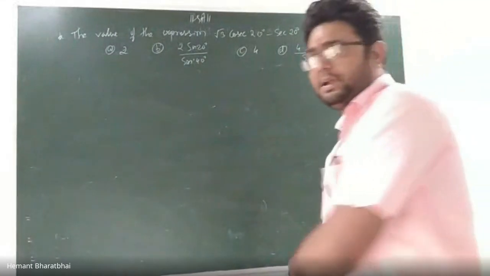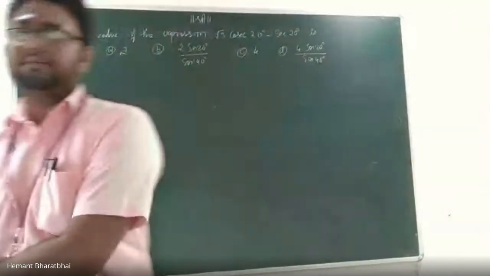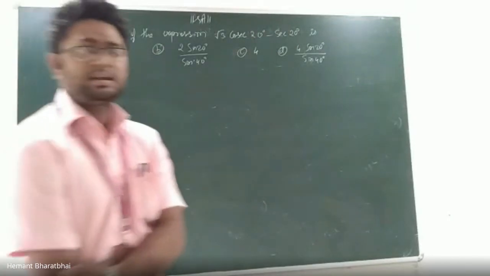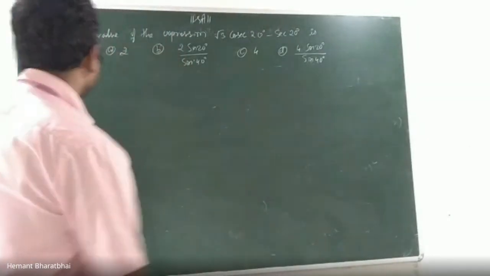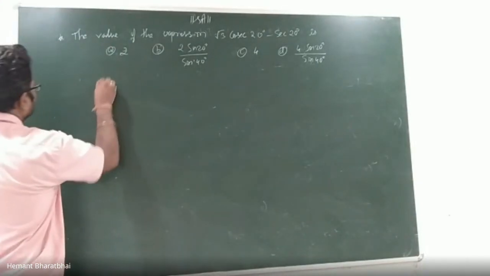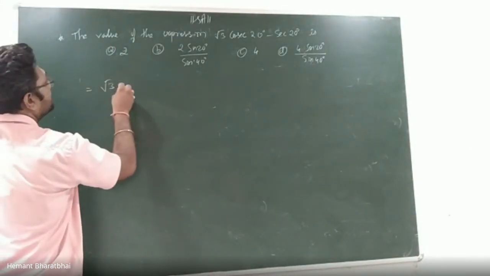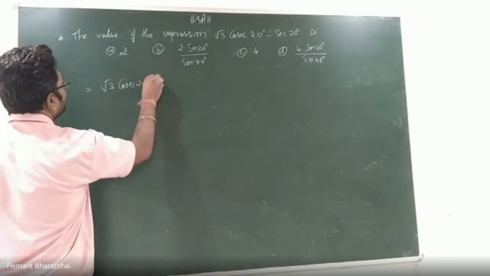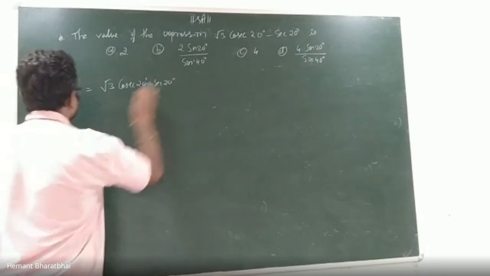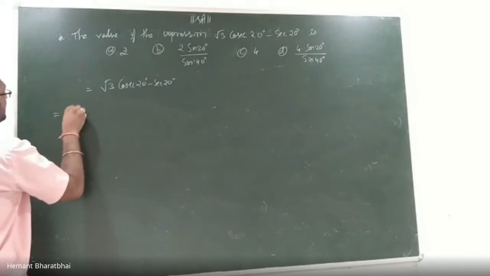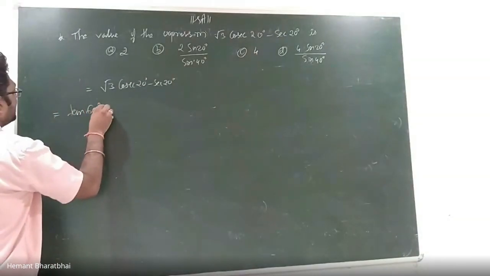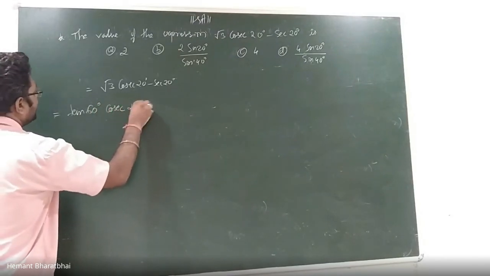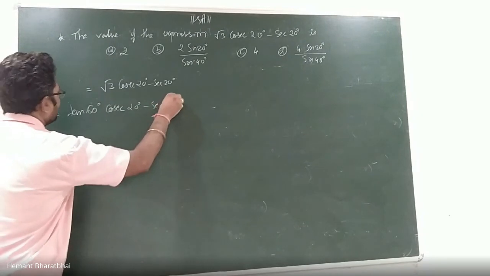But if I go to tan theta, then I get the value root 3. Tan of 60 degree is how much? Root 3. Then let me consider this: root 3 cosec of 20 degree minus sec of 20 degree. So root 3 can be written as tan of 60 degree, cosec of 20 degree minus sec of 20 degree.